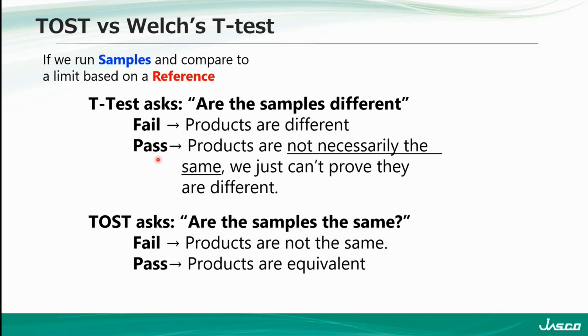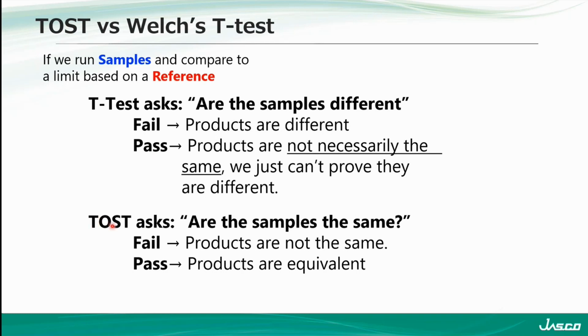Now, if we pass our t-test, and this is where statistics gets maybe a little confusing with the way it words things, the passing means that the products can't be proven to be different, right? So they're not necessarily different statistically, but it doesn't necessarily mean that they're equivalent or they're the same, right? The t-test can just say, statistically, it's likely that these products are not different.